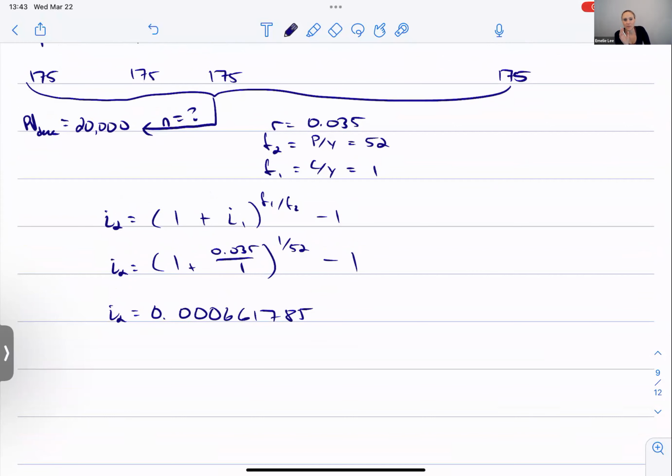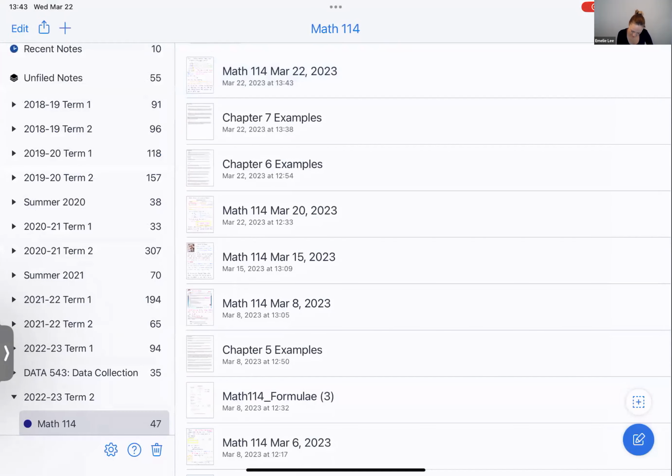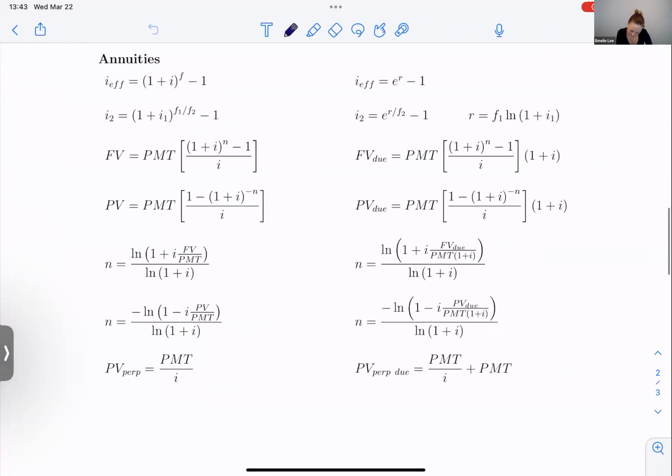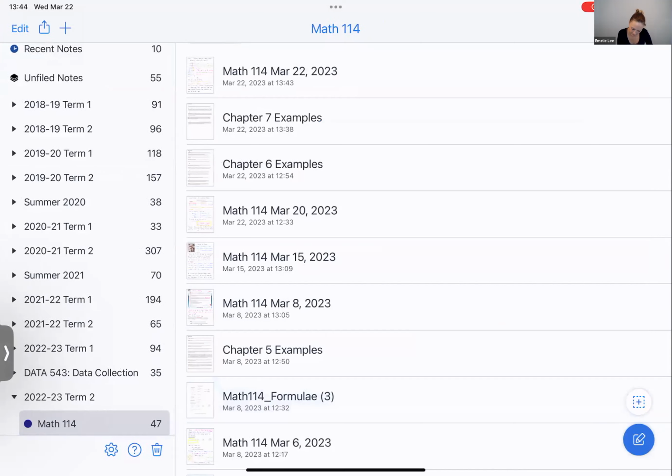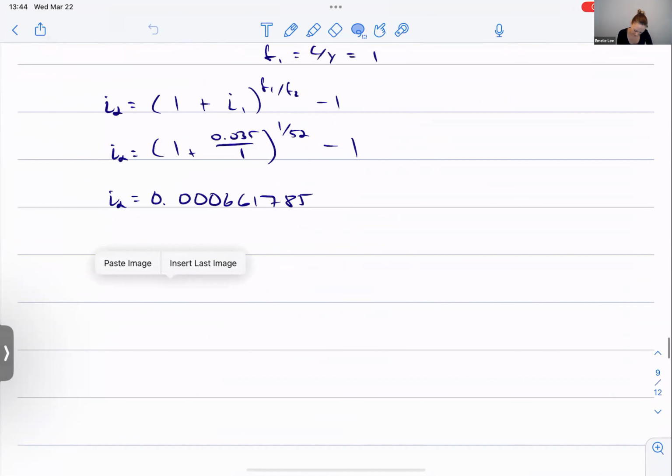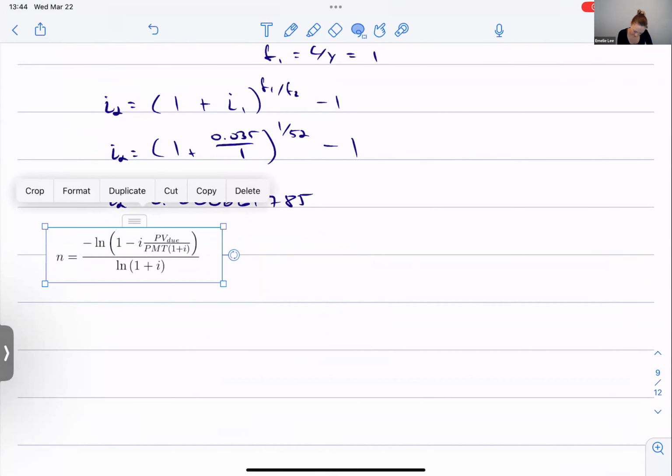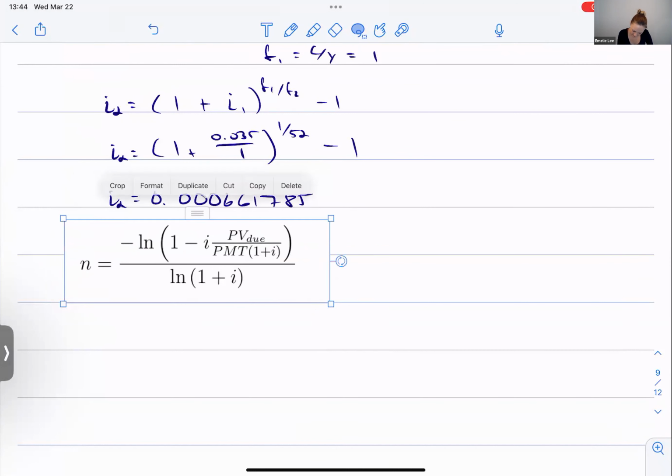Now, in this case, we have a present value due, which means that my formula that I need to use is this one, right? I have two options for annuities due for solving for n, and I have a present value, so I need to use this one. Right, because this is what I have.